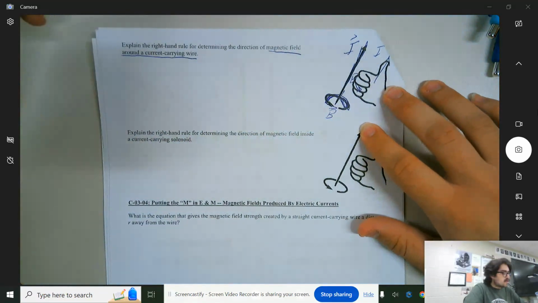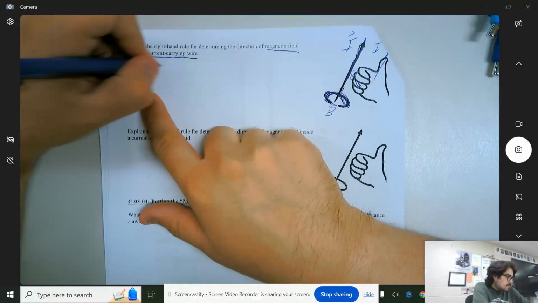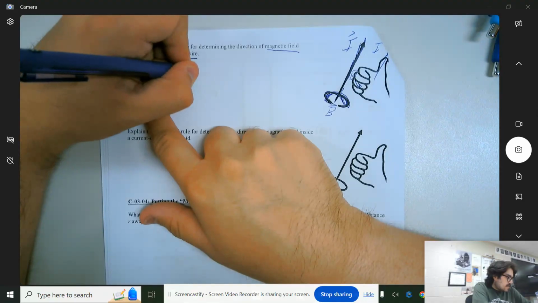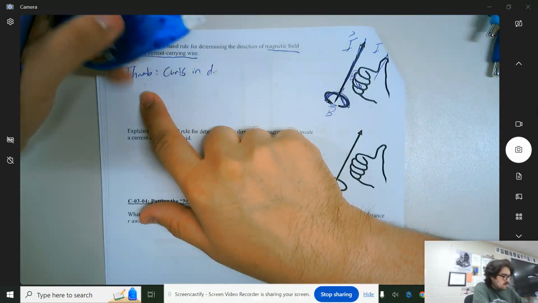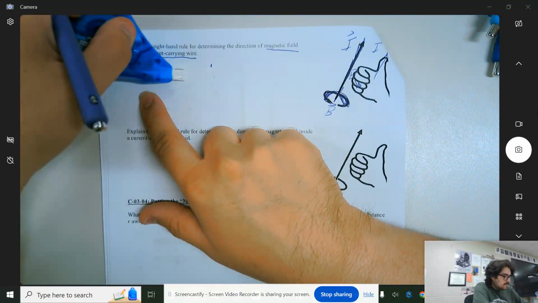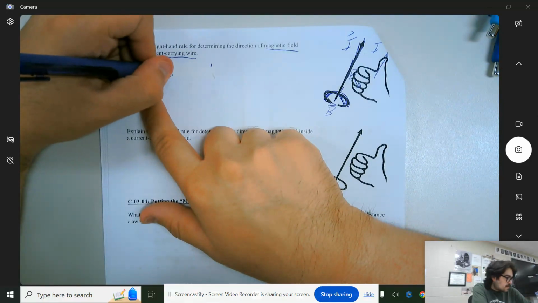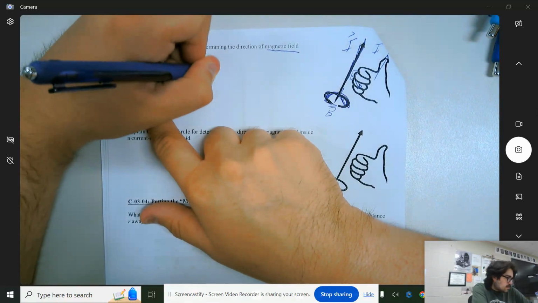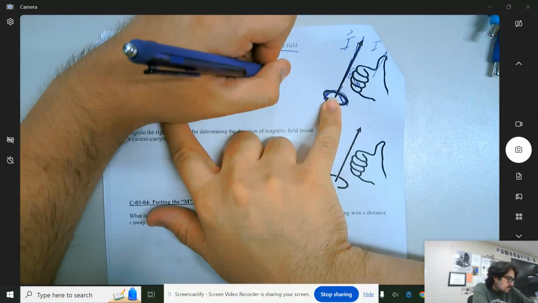Does it make sense? So in general, your thumb, doesn't curl. Sorry, that's what the fingers do. Your thumb, can it curl? I'd be kind of concerned if it can. Your thumb points in the direction of current.